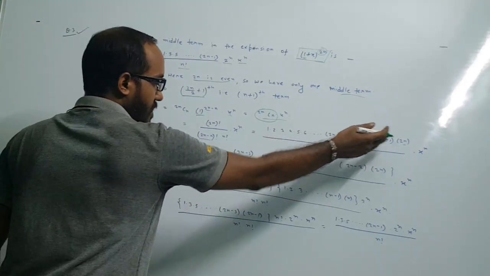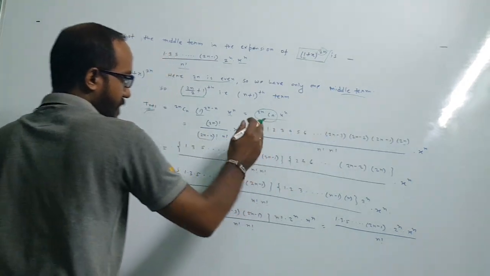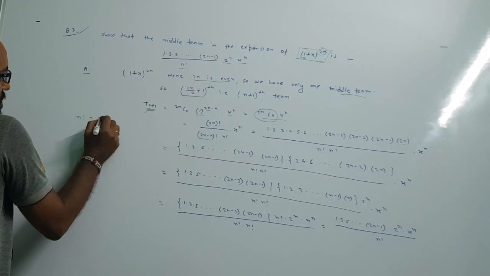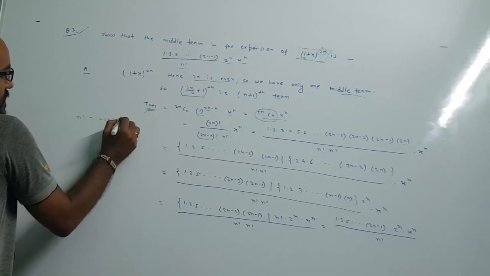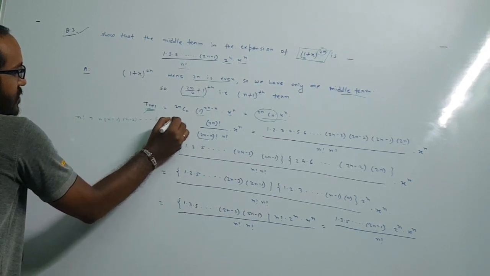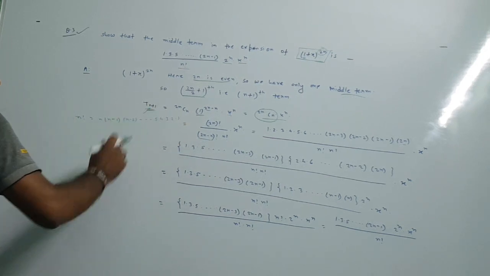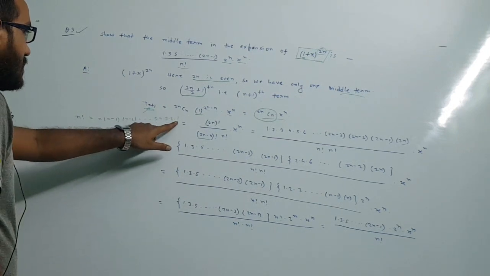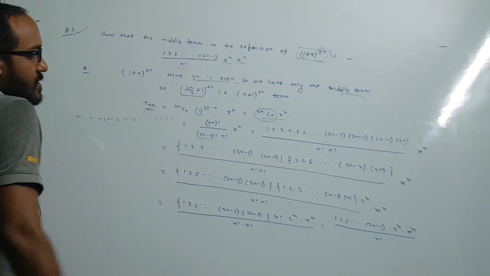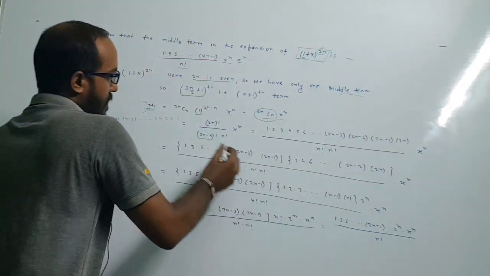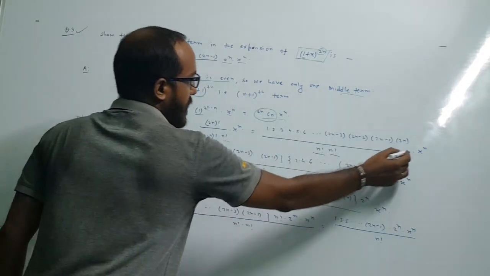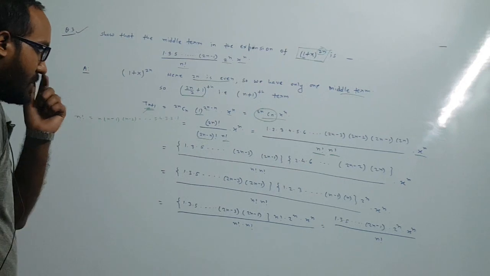From the back end we can write it this way, and from the front end we can write it as 1, 2, 3, 4, 5, and at the end it will be 2n, by 2n minus 1. Here n factorial, and this is n factorial, and x to the power n. Keep the thing as it is.